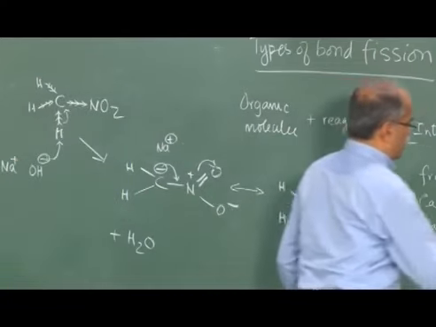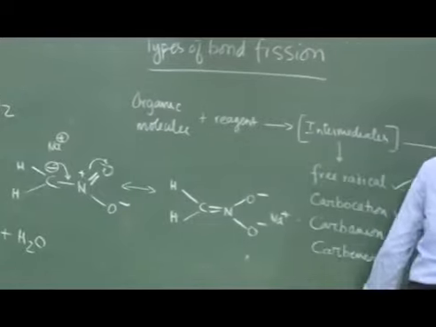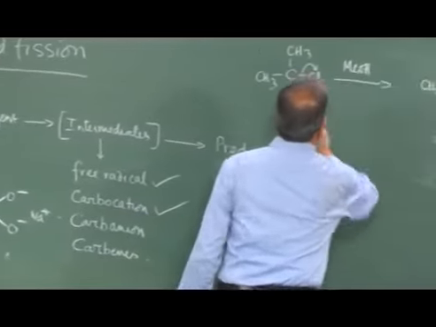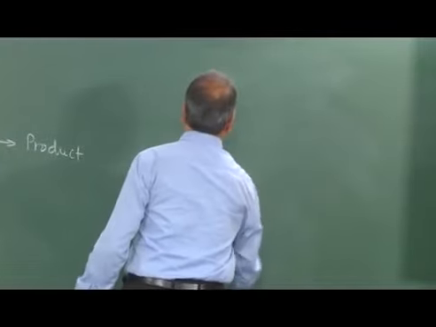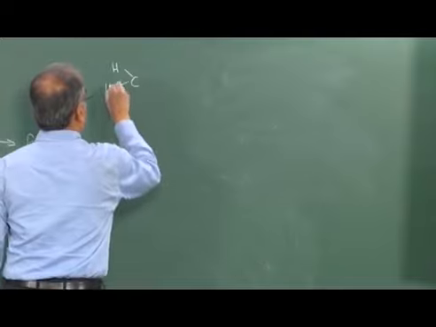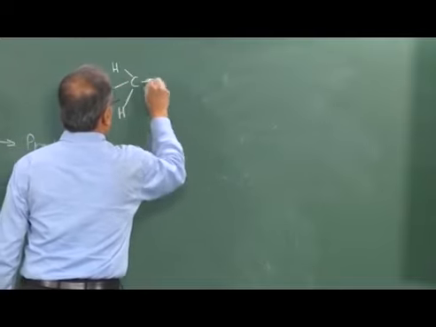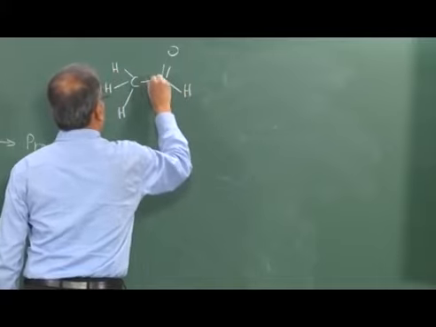One other example for carbanion preparation is the Aldol condensation reaction. If we consider acetaldehyde as a substrate, the alpha hydrogen of acetaldehyde, because of the inductive effect of the carbonyl functional group, again the carbon hydrogen bond is acidic in nature.